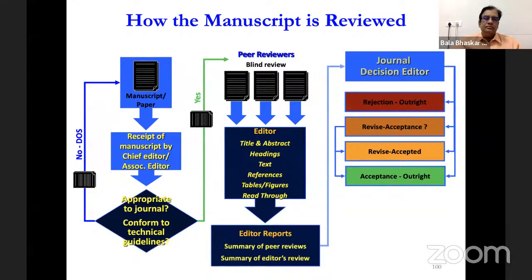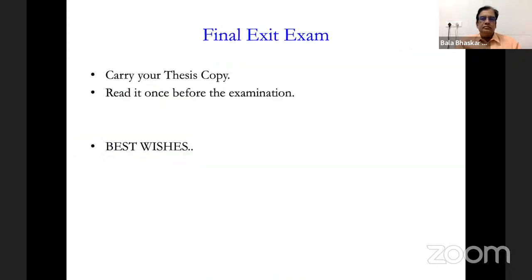Some universities allow the publication to be done before the exam, some allow it after the exam. So follow the rules, but be prepared always to submit your research so that it helps others also. Do keep your dissertation copy always with you, because sometimes in your exit exam, in your interviews, the examiner or the interviewer will like to see your thesis copy.